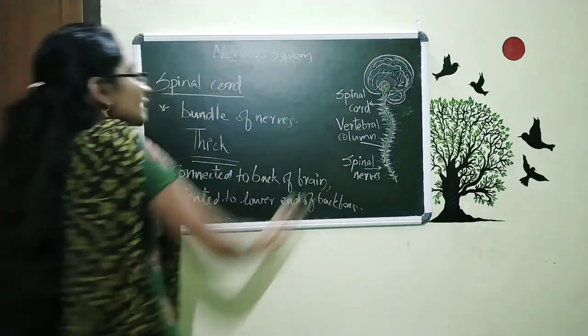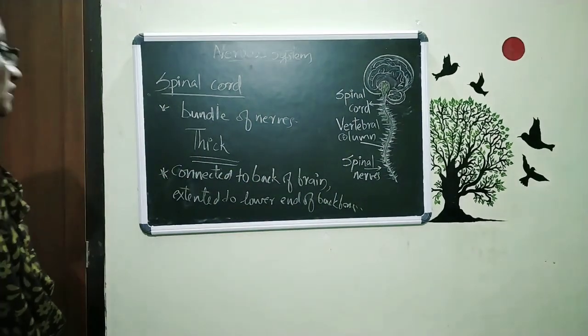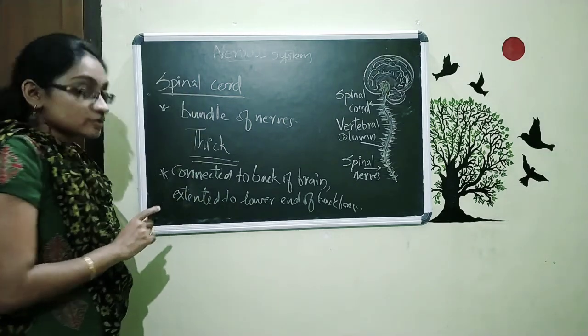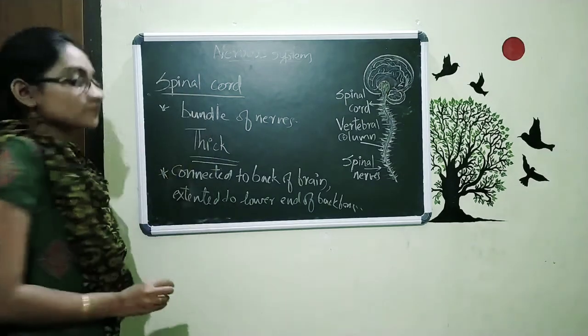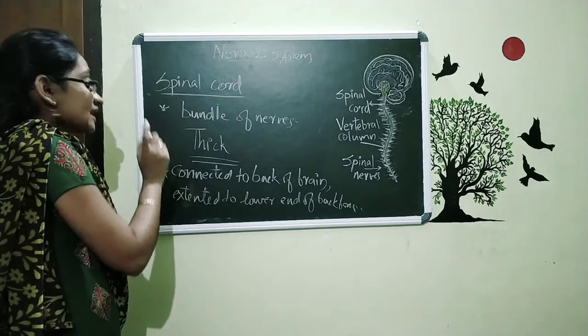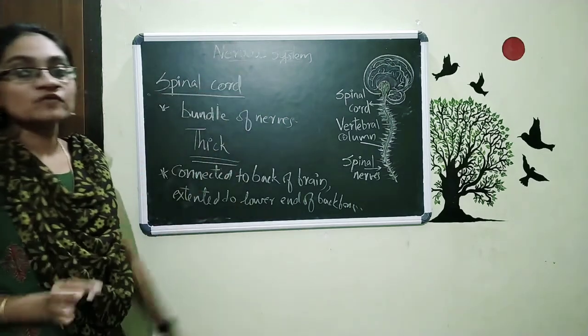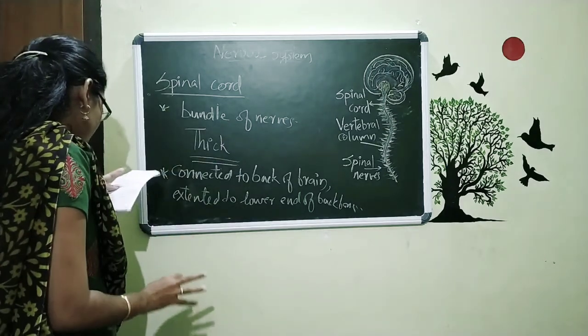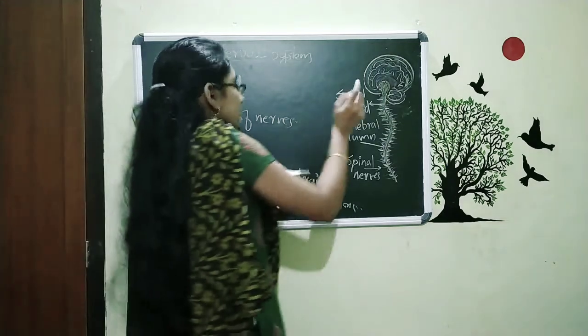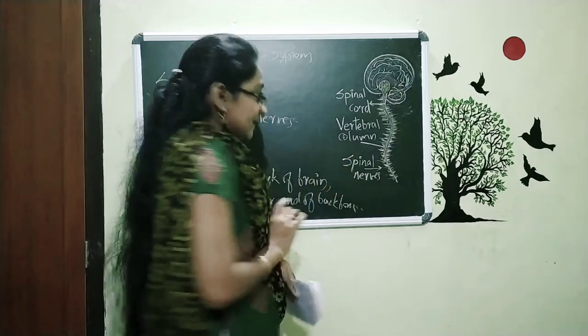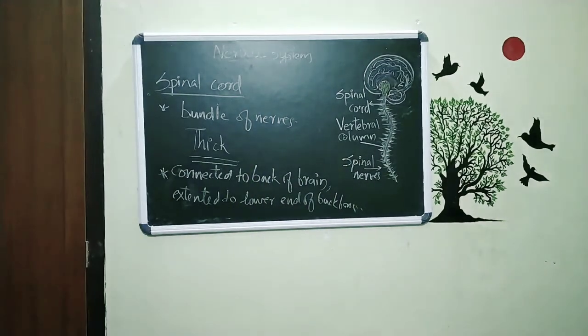So this is the location of our spinal cord. Spinal cord is a thick bundle of nerves that connects to the back side of our brain and extends to the lower end of our backbone. You can see a neat diagram in your textbook page number 72.